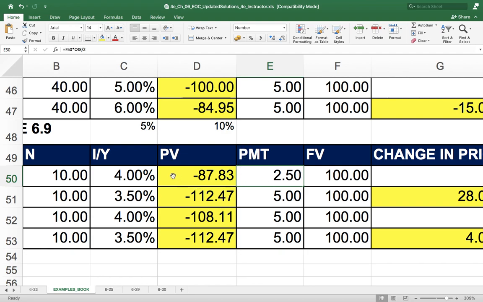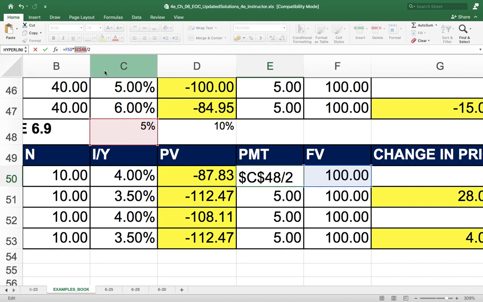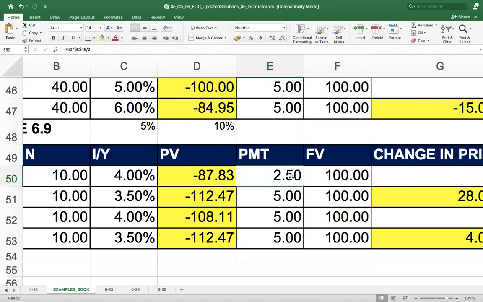So face value multiplied by the coupon rate we will fix it. The same will be the case for this bond also, because it is the same coupon, bond A we are checking.